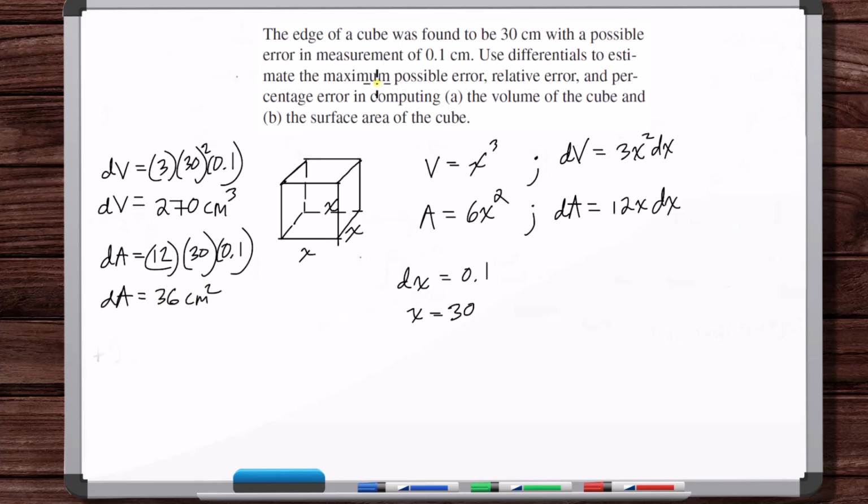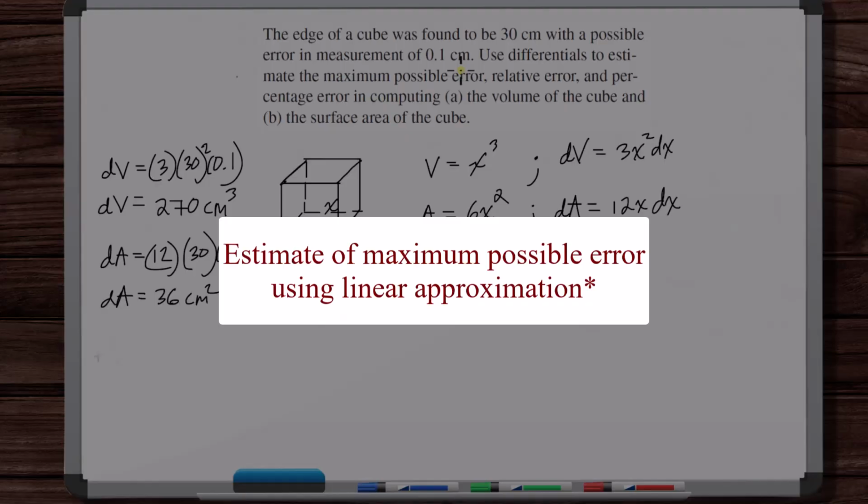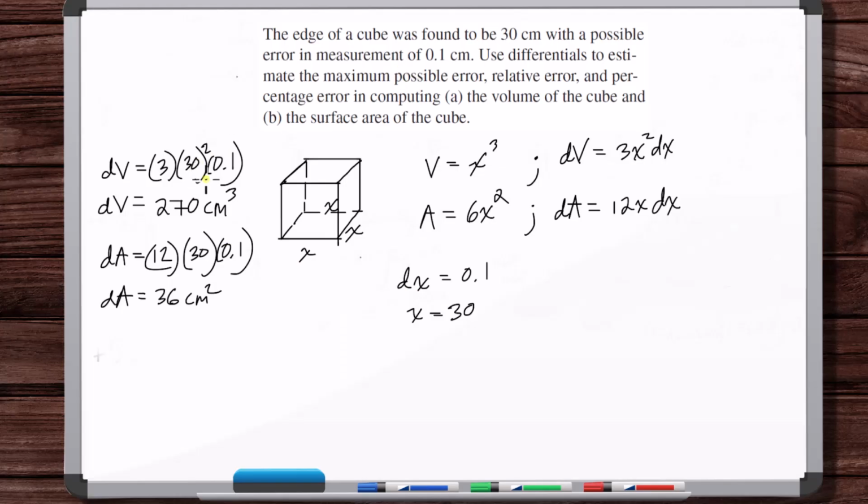And this is the maximum possible error. We've deviated by 0.1 from 30. Now you could plug in minus 0.1, but in this situation it doesn't matter. It's plus or minus 270, plus or minus 36. In another situation it might not be symmetrical, but it is symmetrical here. So that's the maximum possible error.